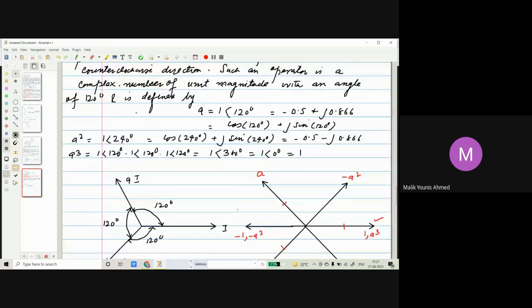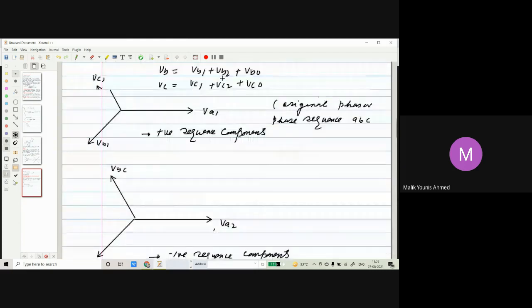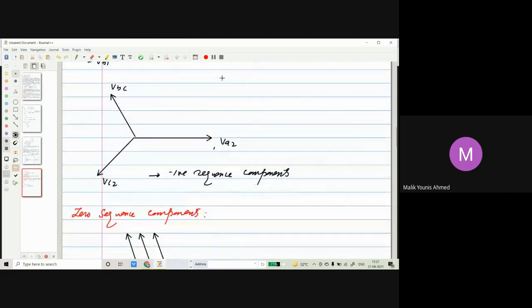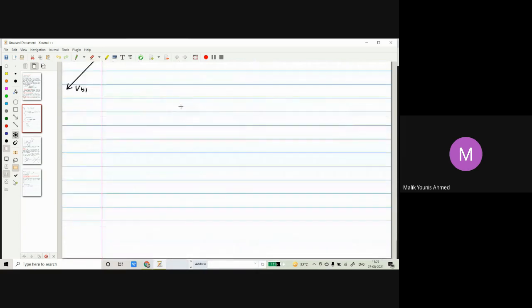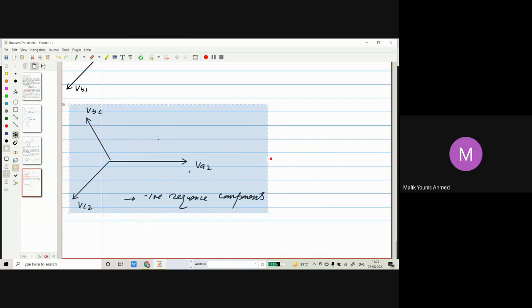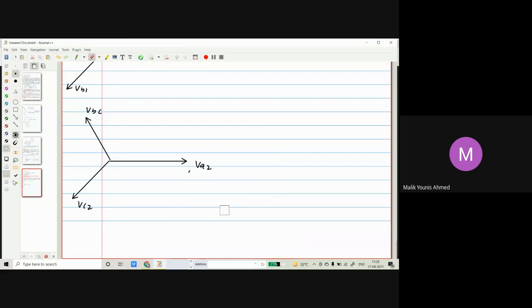Go back. This is positive, this is negative. Let me copy this and paste it here. Okay, this is the negative sequence, that you should know.